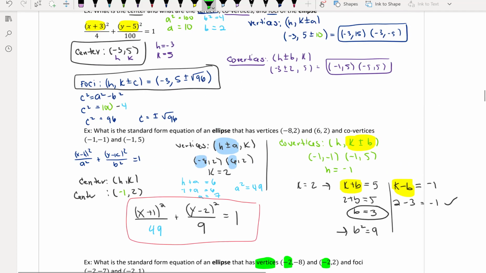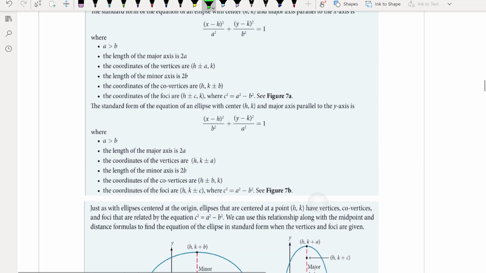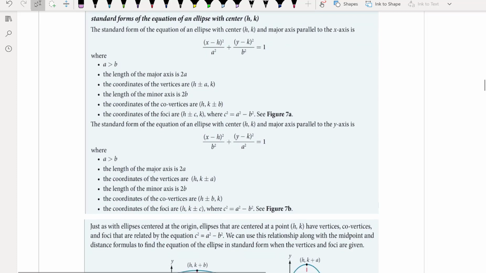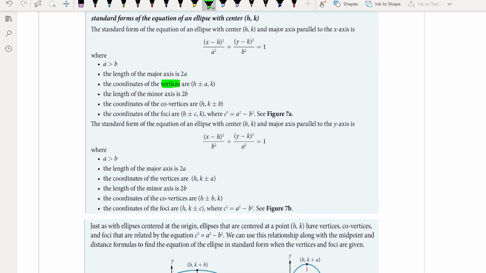So let's think about that here for a second. If I'm looking at the vertices, and I am looking for it to be fixed, the one that I want to be fixed is going to be that h value, that first ordered pair. So that looks like it's going to be this one. So this is the equation that I am going to be looking at.